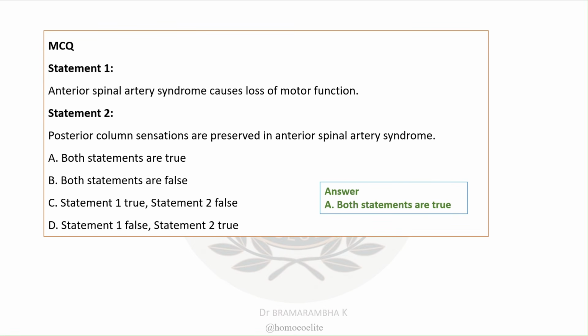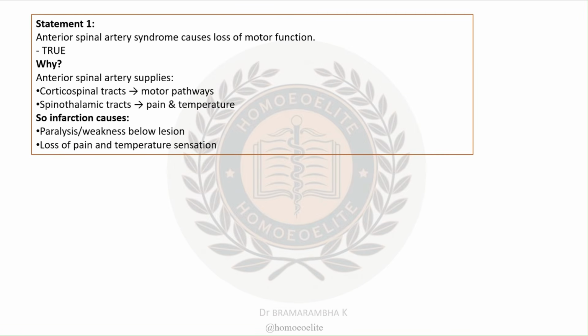Both statements are true. Whenever there is anterior spinal artery syndrome, it mainly causes loss of motor function, and posterior column sensations are preserved. We'll see why this happens. In statement 1, the anterior spinal artery mainly supplies the corticospinal tracts and spinothalamic tracts.